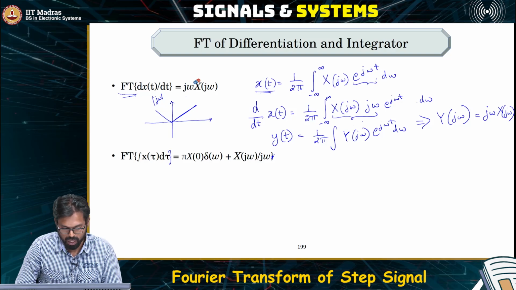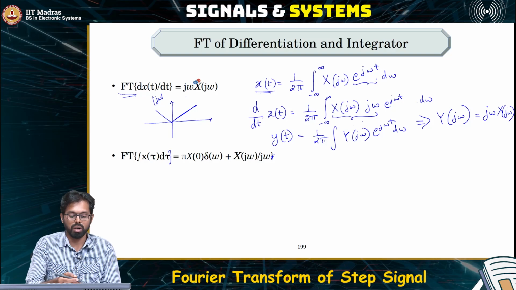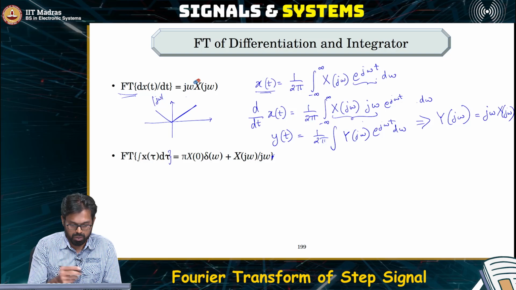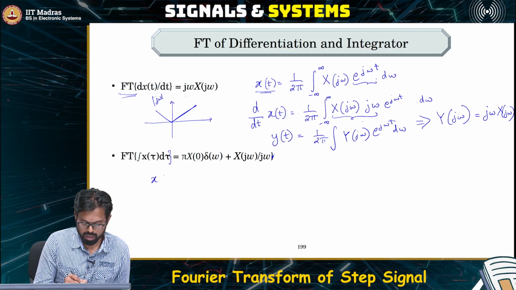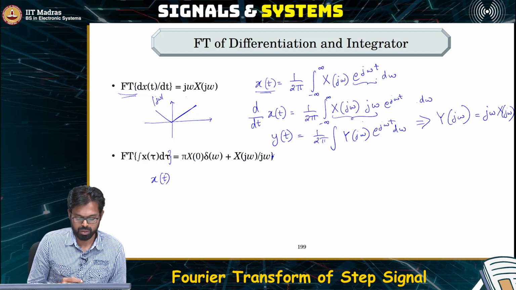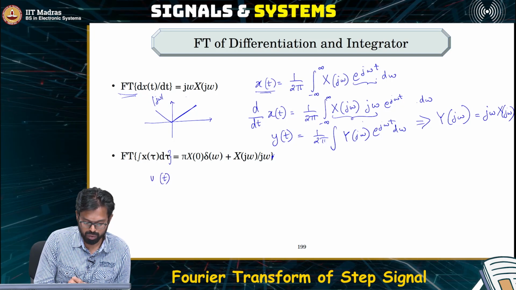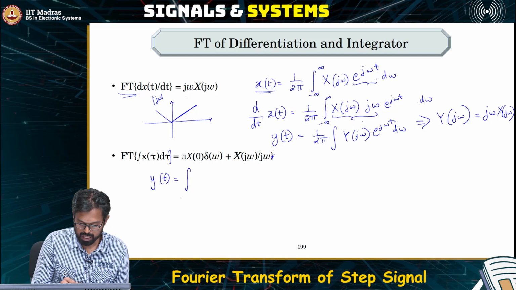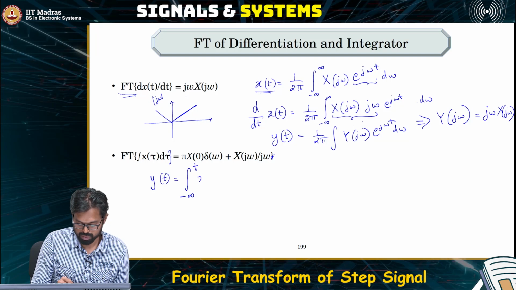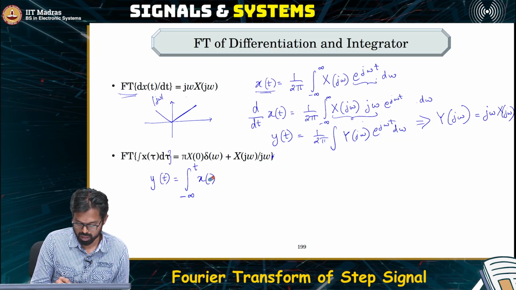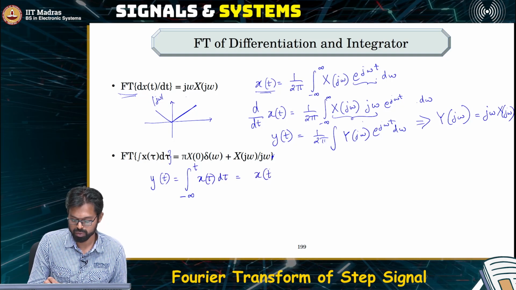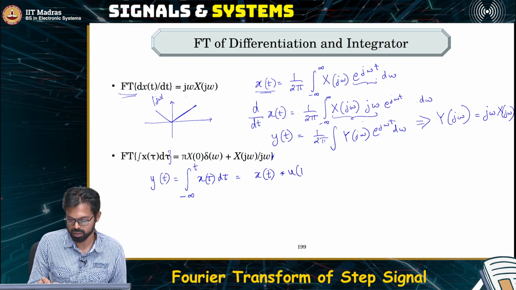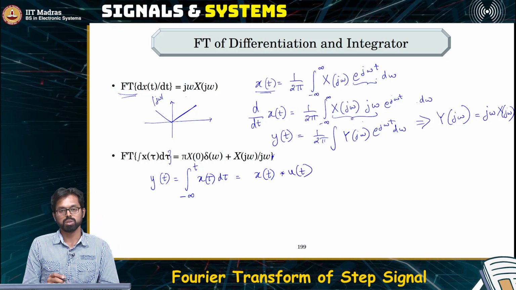Okay, and we can do the same operation for the integration. So in fact, we can simplify this. If y of t is the integral of x of t, then we can write this as the convolution of x of t with u of t. And we'll use this property now.